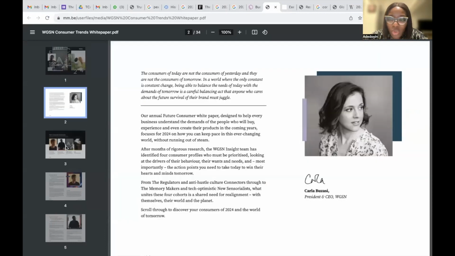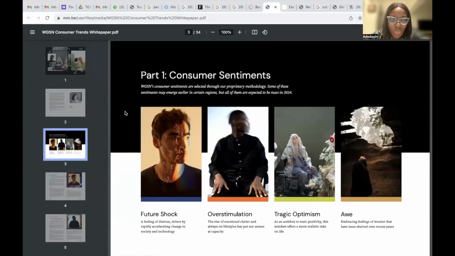If we go through this, they do surveys. What they do is they get consumer insights broadly, right? And what they said is they've segmented into 4 personas: future shock, a feeling of distress driven by rapidly accelerating change in society and technology, overstimulation, tragic optimism, and awe.